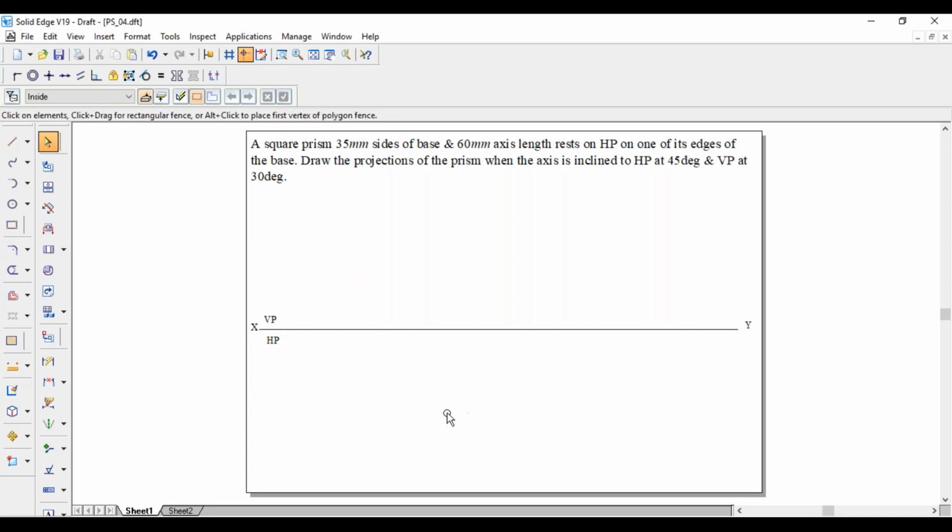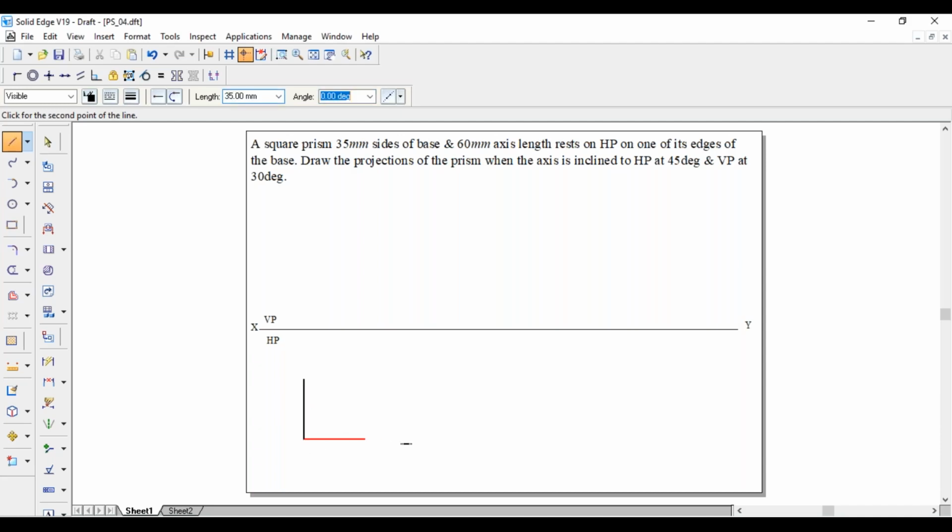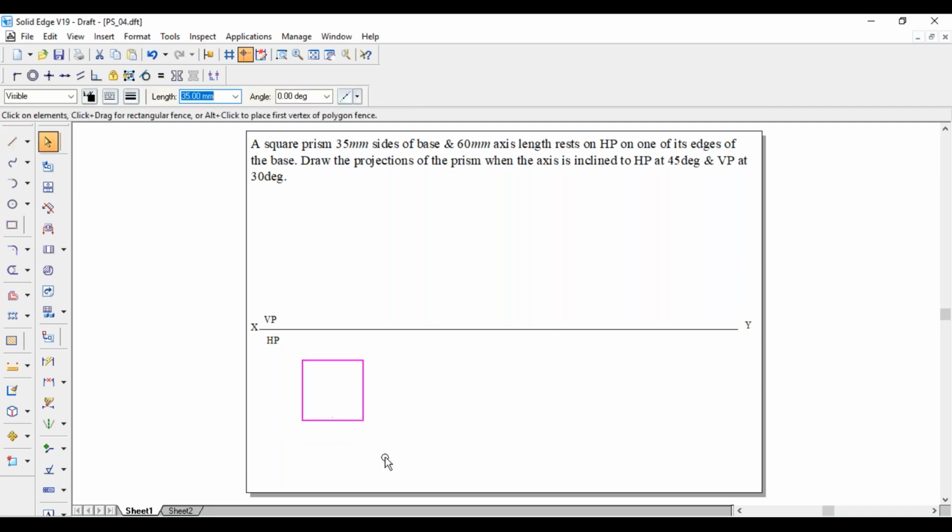Make sure that it is resting on an edge. So 35 mm is the side, so it will be 35, 35. Join the diagonals to get the center.